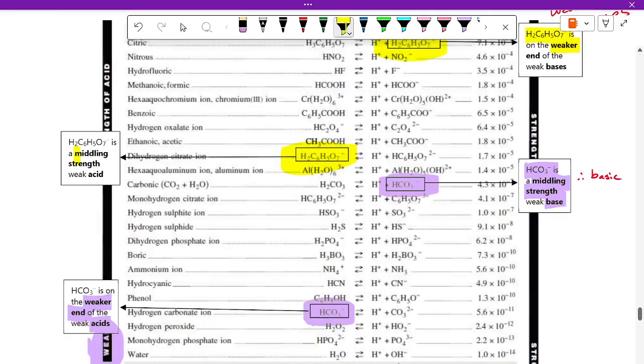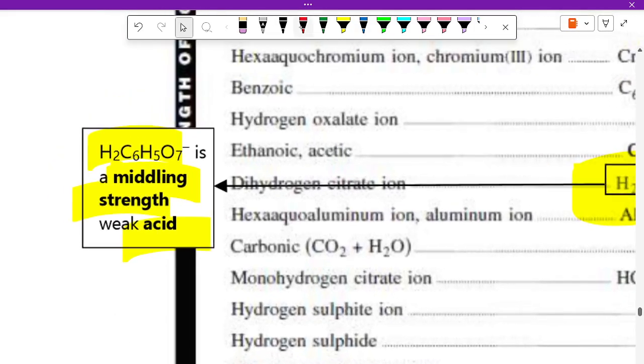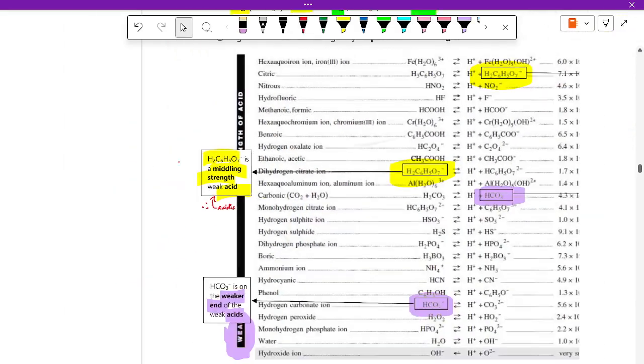So it's a middling strength acid, which means, therefore, it is acidic. So if you're doing multiple choice, you can just look at the position and say, really weak, middle, acid. Or you can be like, high, middle, and just go from there. Okay.